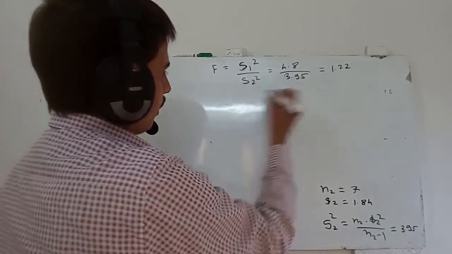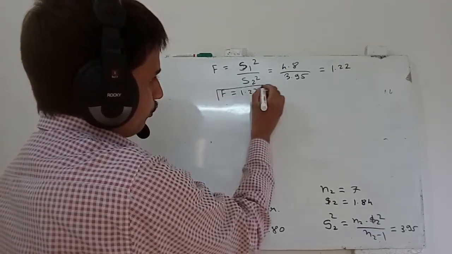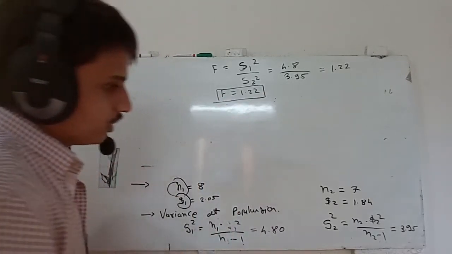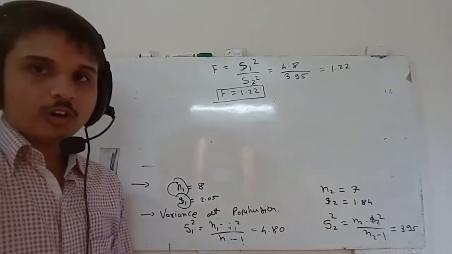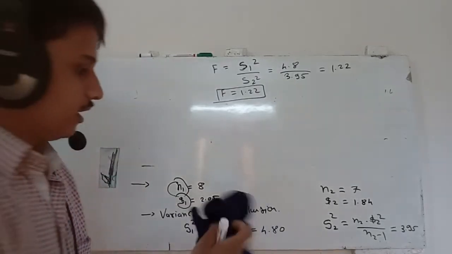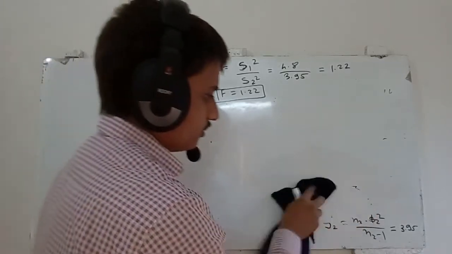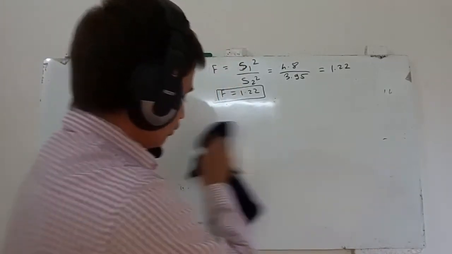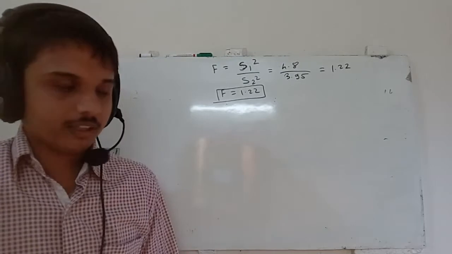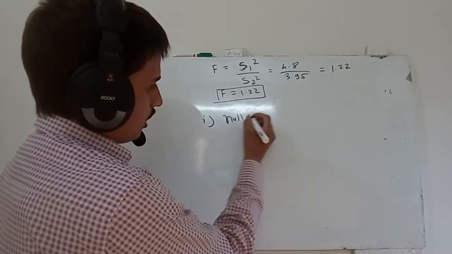Now after you calculate value of F, you have to write 4 rules, and these 4 rules are applicable for each and every exam. You have to just copy this in your answer sheet. So first rule is null hypothesis, that is H0.